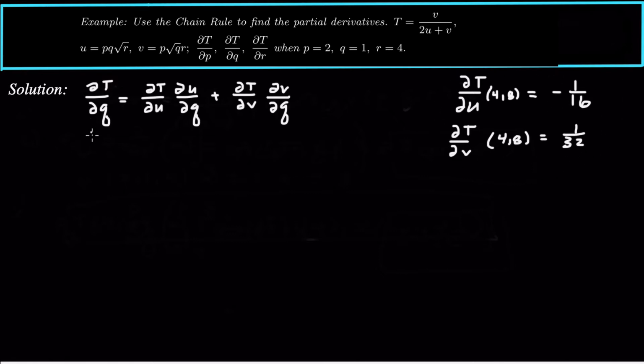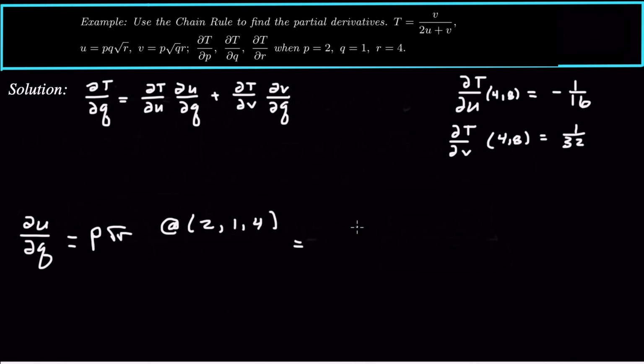So those are exactly the same as what we had already. So partial u partial q is going to be p times square root of r. And now I want to evaluate that at the point p equals 2, q equals 1, r equals 4. So that's equal to, let's see, plug in 2 times square root of 4, which is 4.